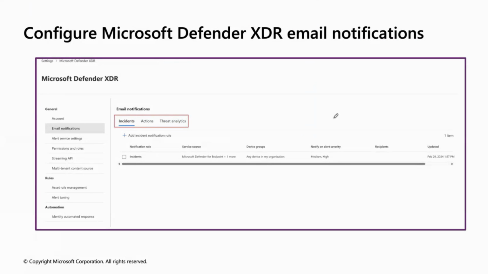Now in Microsoft Defender XDR, there is a setting where you can configure related Microsoft Defender products. There is a specific setting for each Microsoft Defender product, and here you have email notification configuration. For example, you are a security admin and you want to receive all the alert-related notifications.